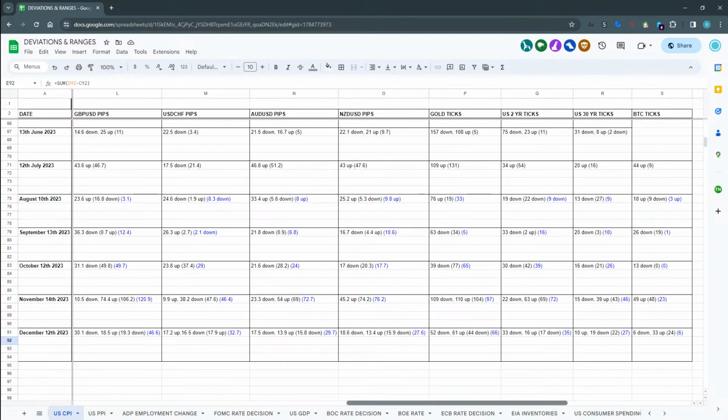If we're looking at the bond space, the 2-year treasury had seen the biggest market reaction. That's of course the closest to the short end of the yield curve, and that is the most sensitive to interest rate decisions as well, and also speculation. So the dollar yen, cable, the euro dollar, and 2-year bonds see the most market reaction in regards to the data.